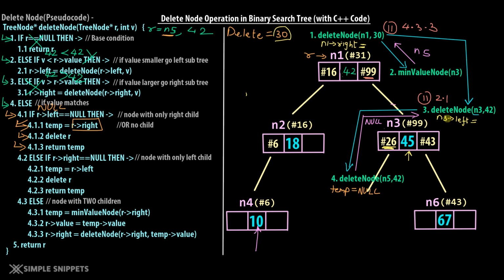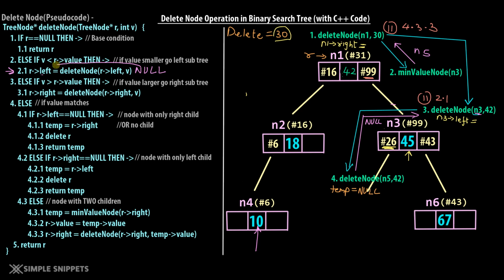Now this null will be stored as n3 of left. Because remember, the third delete node was paused at 2.1, this step where we were saying R of left, and R was n3 inside the third delete node. So when this fourth delete node returns with the null value, it will be at the right hand side, RHS.